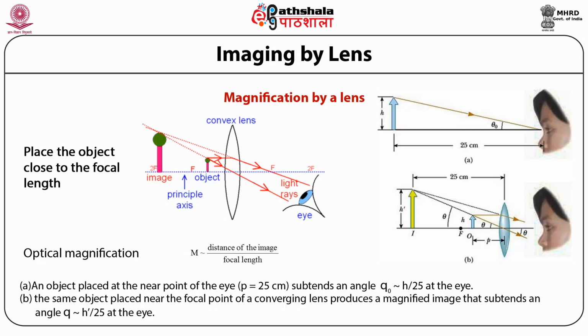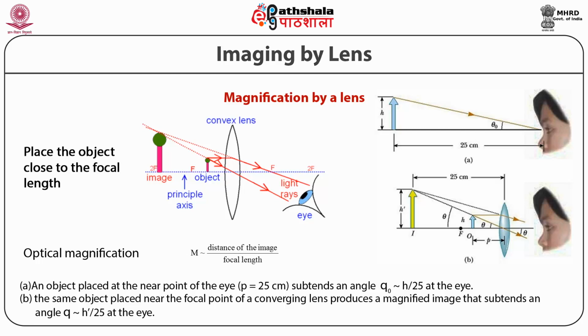You place a lens between the object and your eye such that the object is at or near the focal point of the lens. Then the image of the object appears magnified manifold, and the magnification is quantified as the distance of the image divided by the focal length. That is the magnification achievable by a lens of a given focal length.